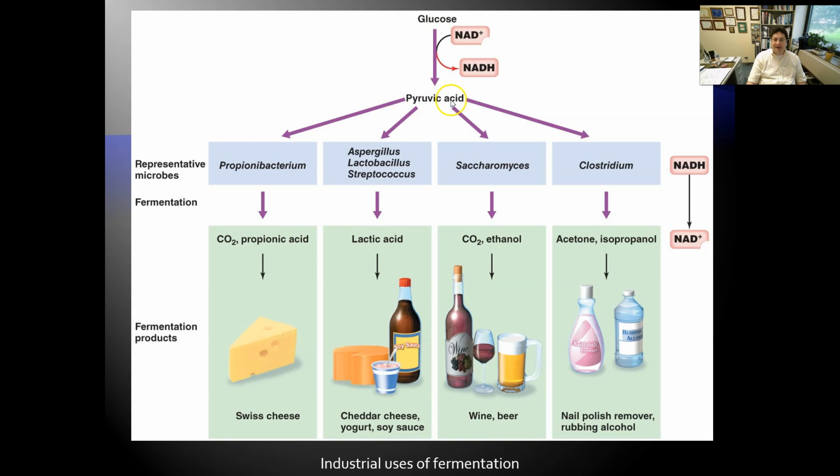Now this pyruvic acid can become a number of different waste products. We can make propionic acid, lactic acid, ethanol or ethyl alcohol, acetone or isopropanol. These are made by different bacterial species, and this shows what you could make from them. So there are a lot of industrial uses for fermentation.